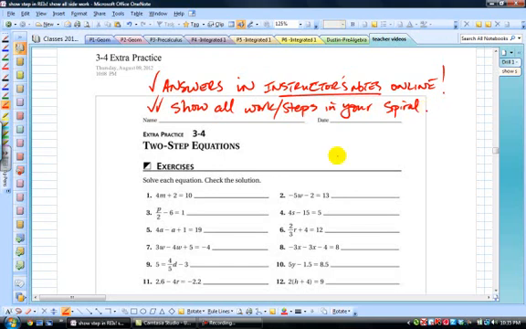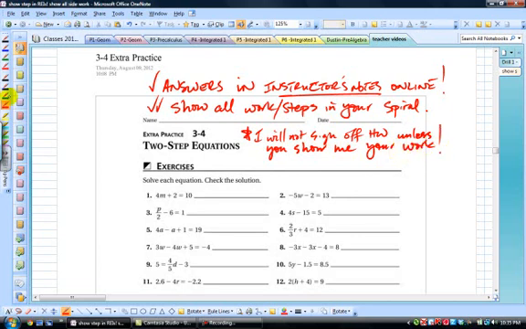I will not sign off homework unless you show me your work in your spiral. Just telling you in advance. So make sure that you do that.